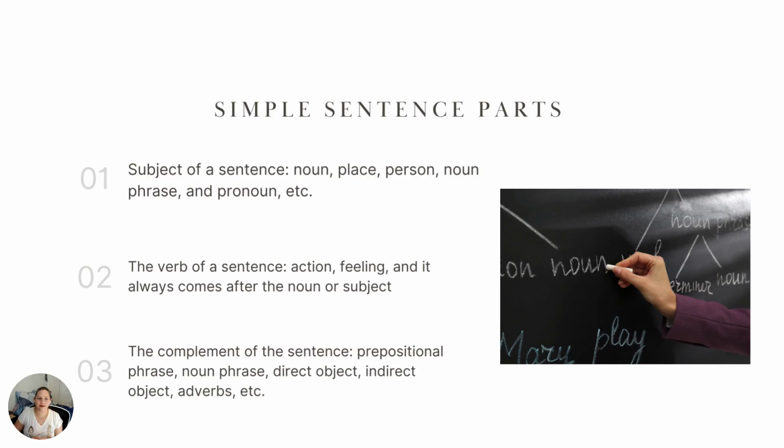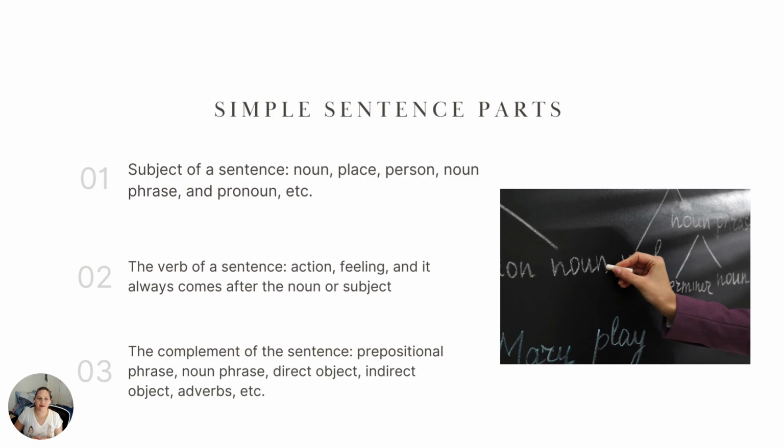Two, it's the verb, which comes right after the noun and is usually an action or a feeling. You know that verbs can be actions or feelings or abstract actions that we don't really see, like the verb to be, which is the state of being. And it always comes right after the subject or a noun.